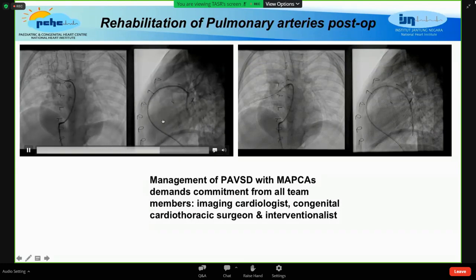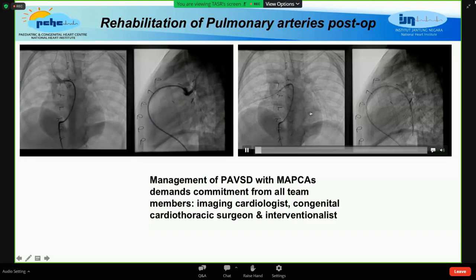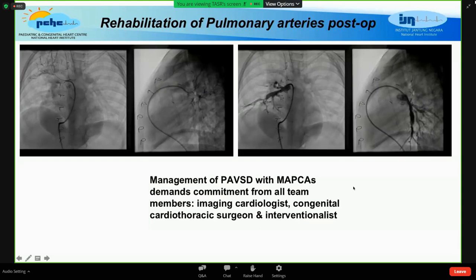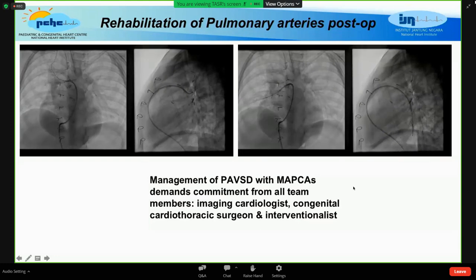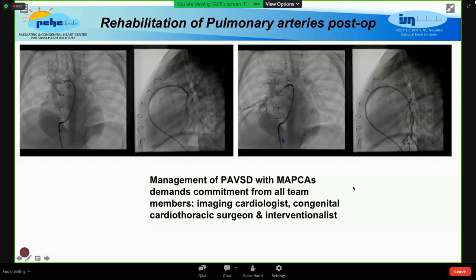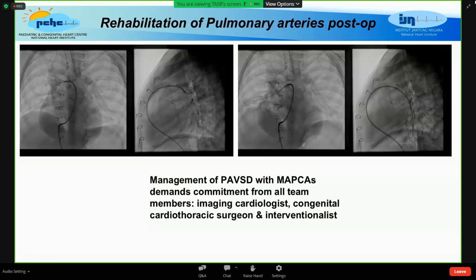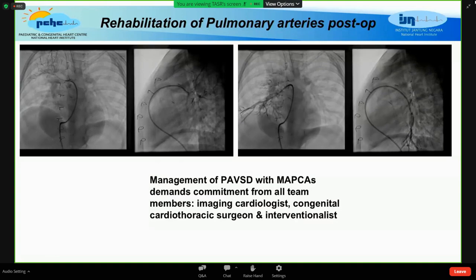Yes, we get good results after the balloon angioplasty. But again, this demands commitment from everybody: the imaging cardiologist, congenital cardiothoracic surgeon, and also interventionalists.